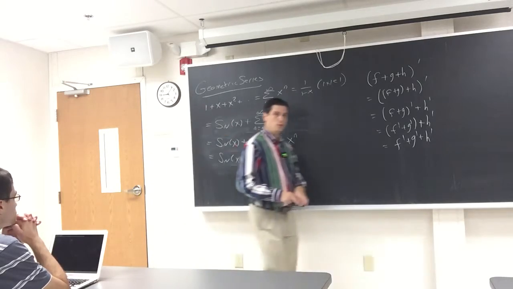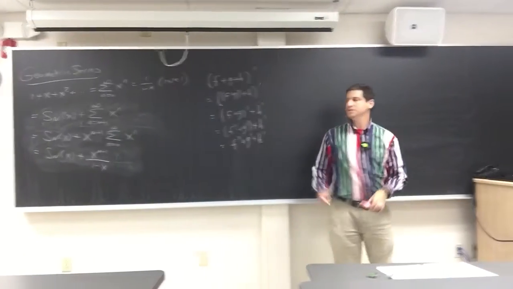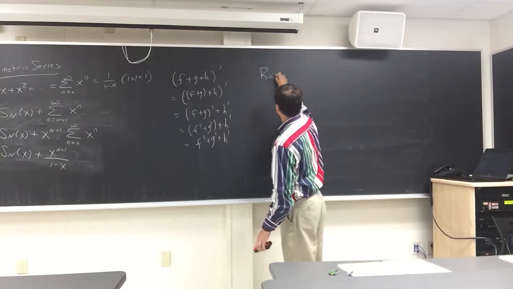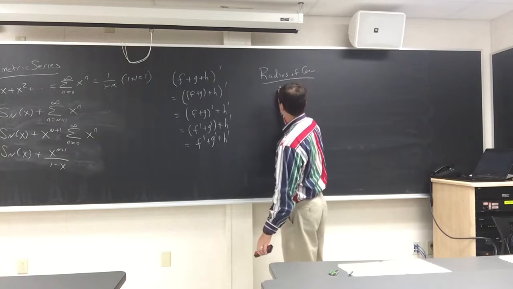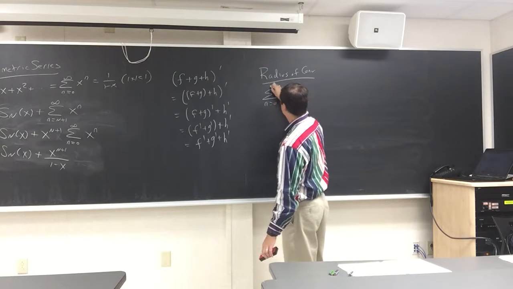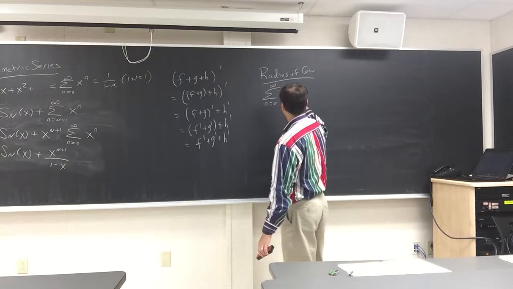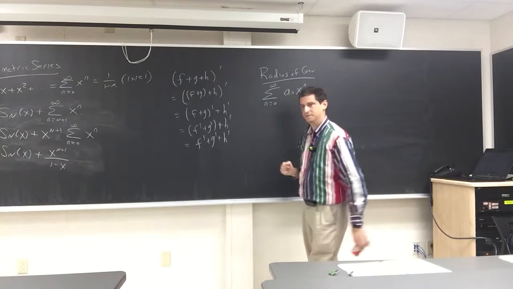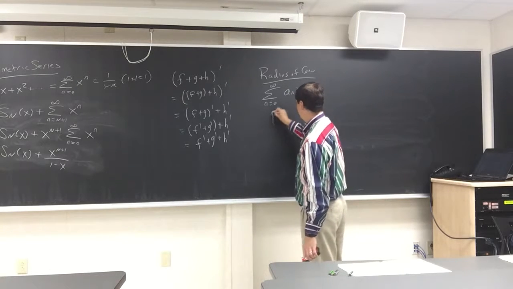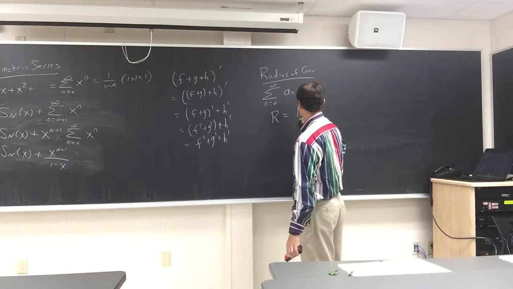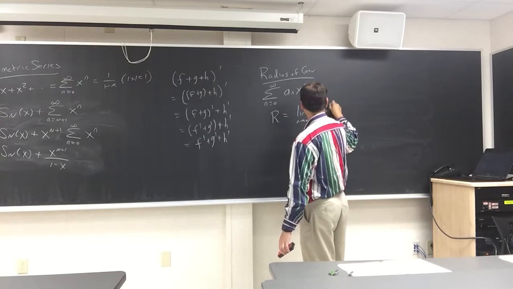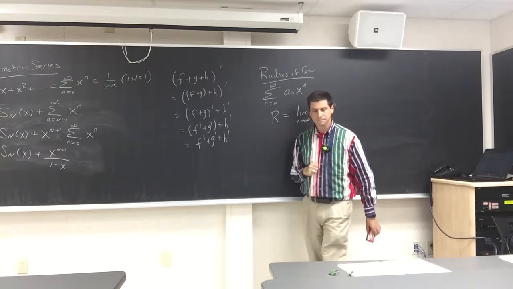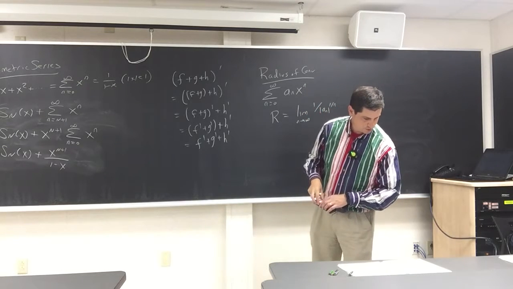OK, so what do we need now? We need the concept of a radius of convergence. So we will have a series, the sum from 0 to infinity of a_n x to the n.